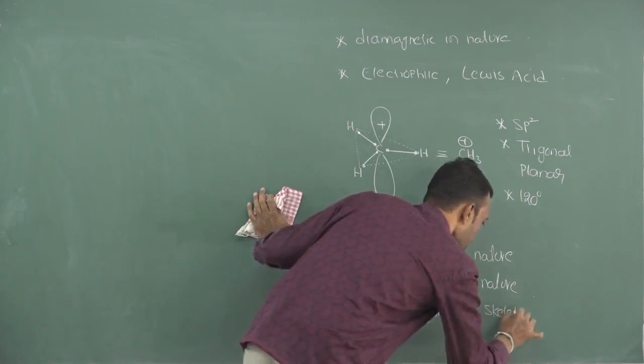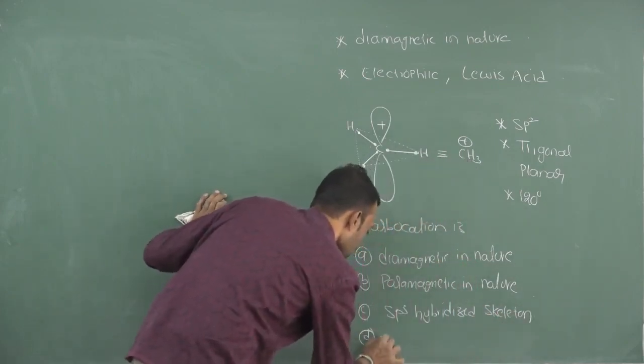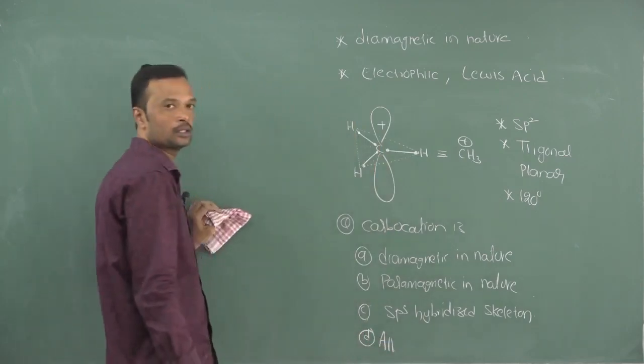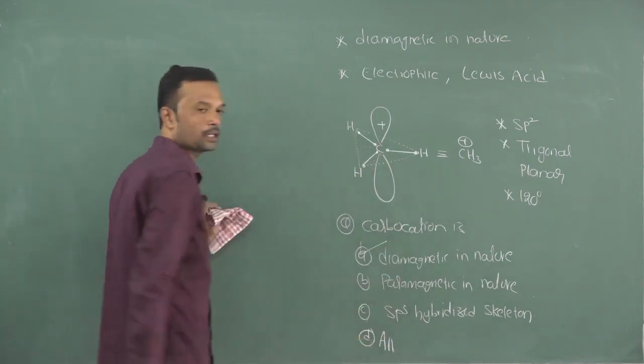Which option is correct for a carbocation? A carbocation is diamagnetic in nature.